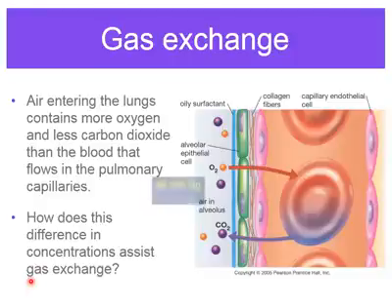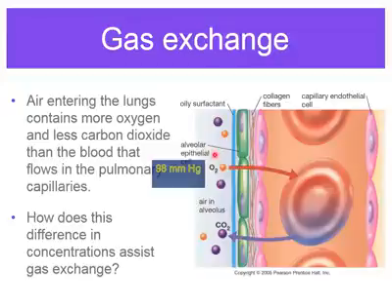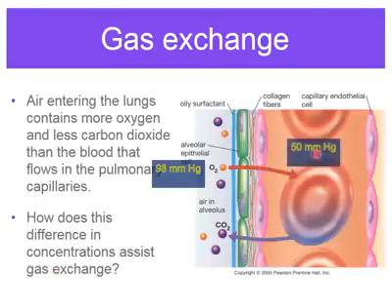Let's explain this. For example, the concentration of oxygen in the alveolar air is high, it is 98 millimeters of mercury, this is the pressure, and in the blood it is 50 millimeters of mercury. I got this for you for one reason, because in the exams you will be asked to compare the concentrations, and you have to remember that when I say compare, you have to use comparative adjectives like more than, greater than, less than, and we use the numbers.